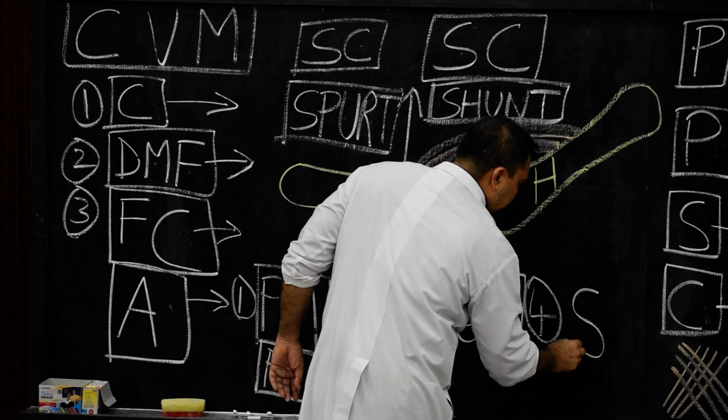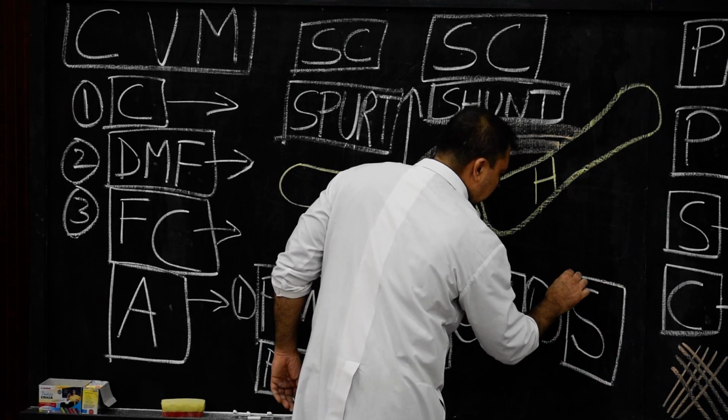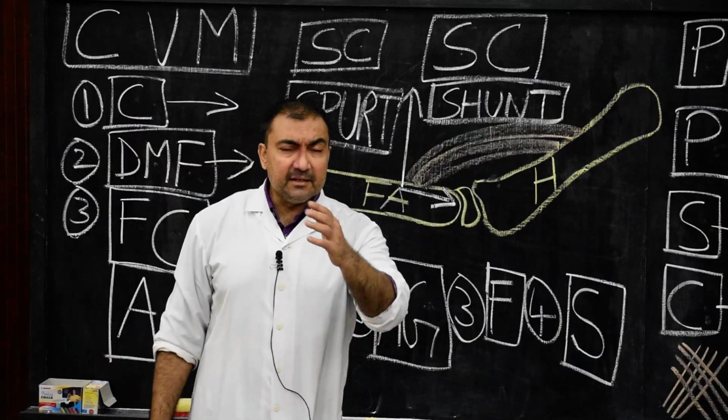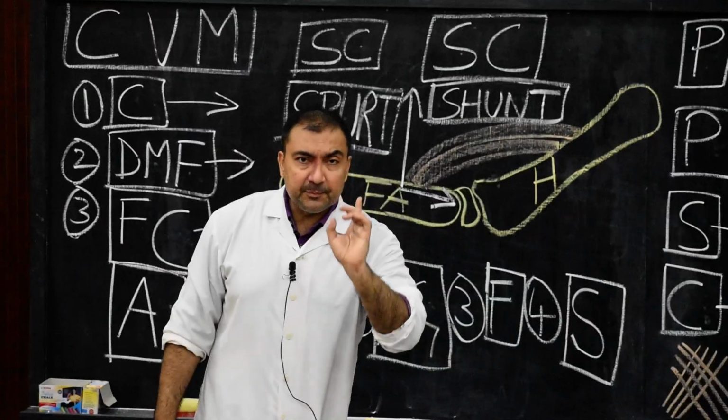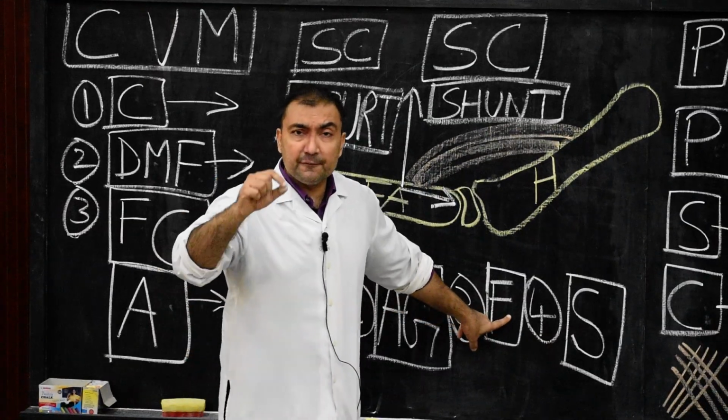And now comes the most interesting category, fourth category, depending upon the actions. They are known as synergists. They are called synergists. What are synergists? They are spatial fixator muscles or spatial fixation muscles.